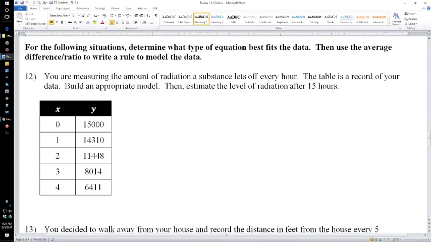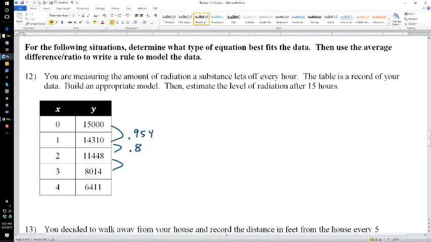All right, this is probably exponential. So 14,310 divided by 15,000 is 0.954 on the money. Then 11,448 divided by 14,310, you get 0.8.